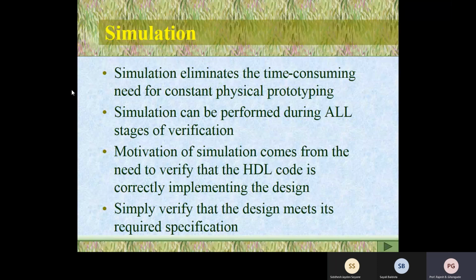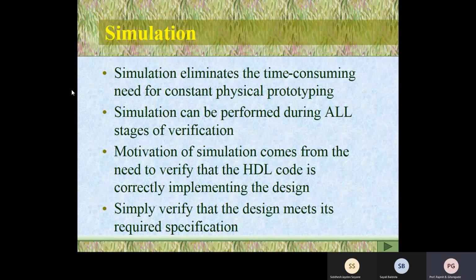Because as you can understand, we cannot prototype everything as hardware and then test it, and if there are any problems, go and correct something again. So simulation is a very important step to verify whether your functionality has been met or not. In fact, not only functionality, when it comes to digital design, timing is also a very important aspect, specifically in clock systems, and you can simulate those things also.